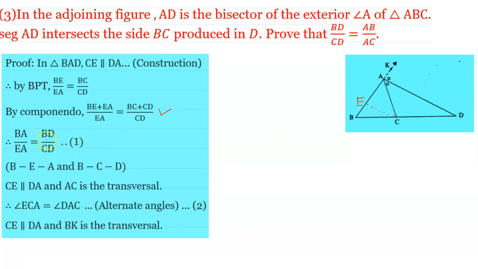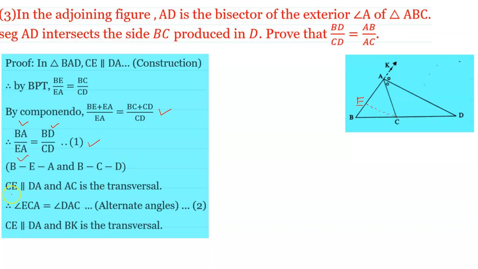Now the next. Therefore, BE plus EA is nothing but AB, keep EA as it is, BC plus CD is nothing but BD, and this is the first one.